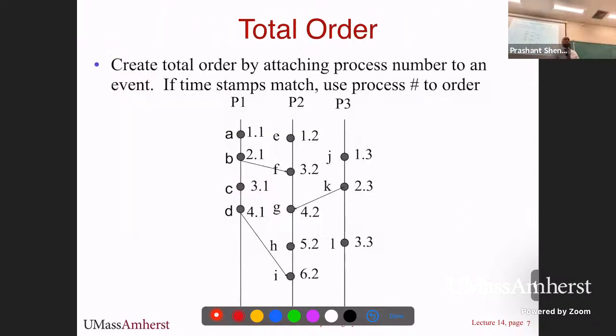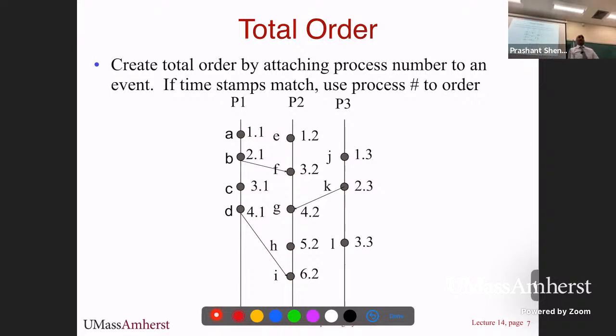What we are going to do is attach the process ID to the logical clock. So the logical clock value 1 becomes 1.1, 2 becomes 2.1, because that's all on process 1. Here you have 1.2, 3.2, and things of that sort.